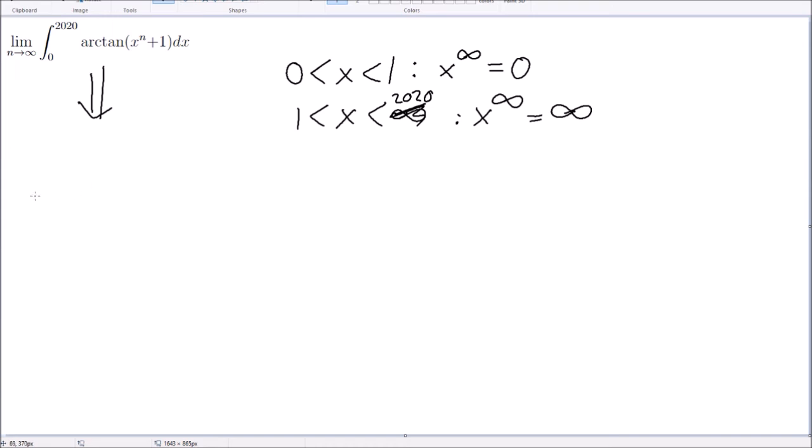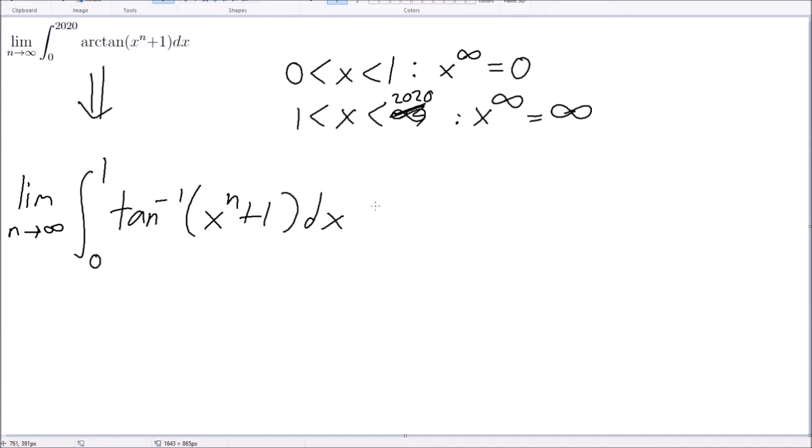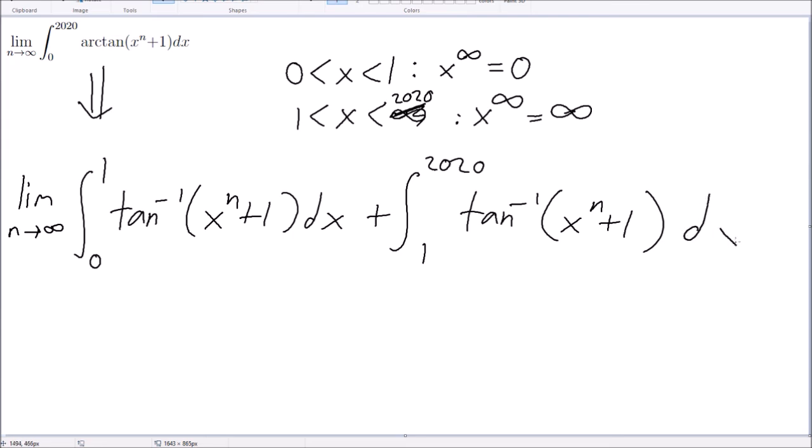So we could definitely split this integral: the limit as n approaches infinity of the integral from 0 to 1 of inverse tangent of x to the n plus 1, plus the integral from 1 to 2020 of inverse tangent of x to the n plus 1. Cool. All right.